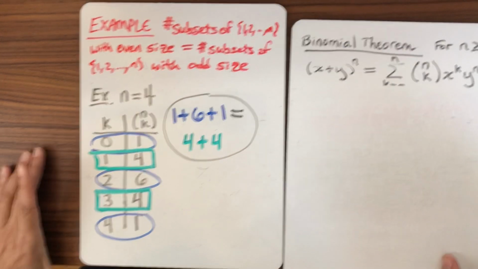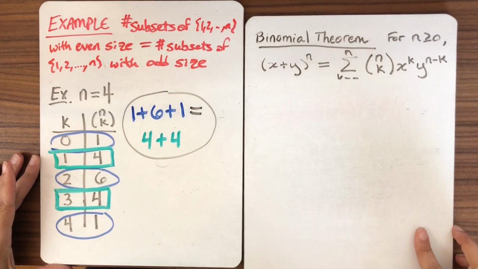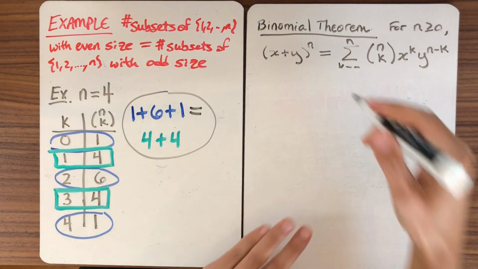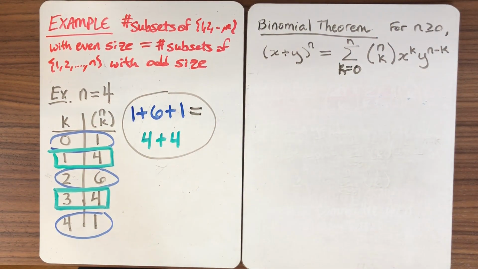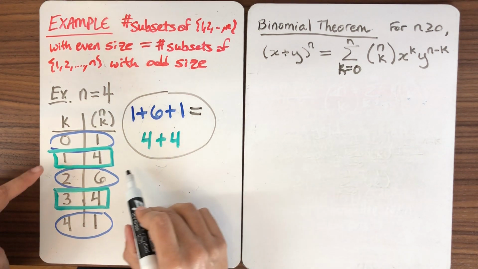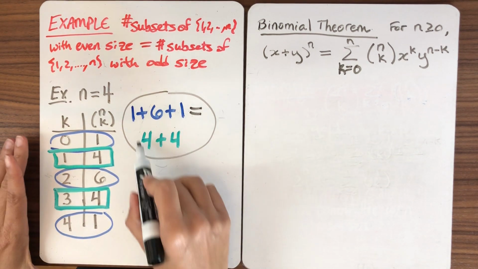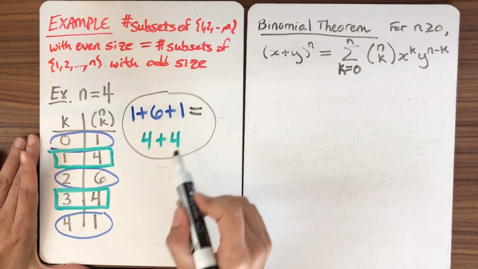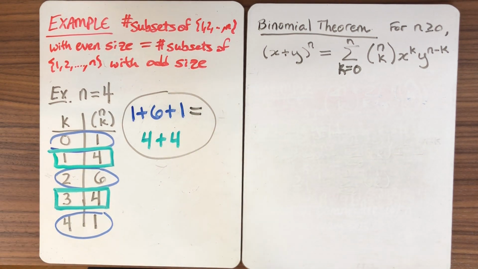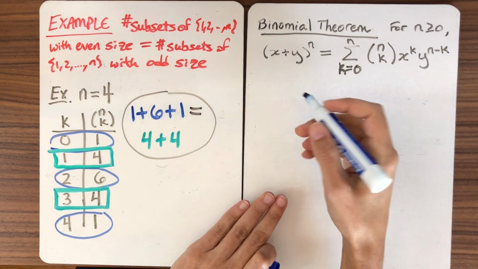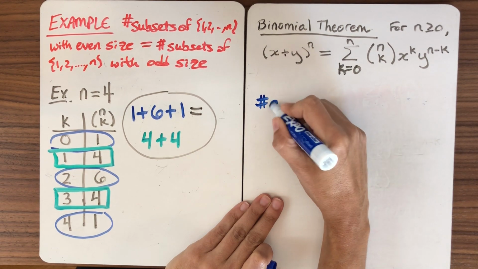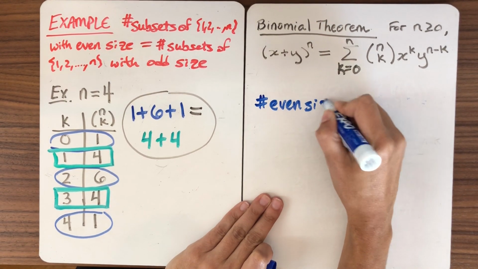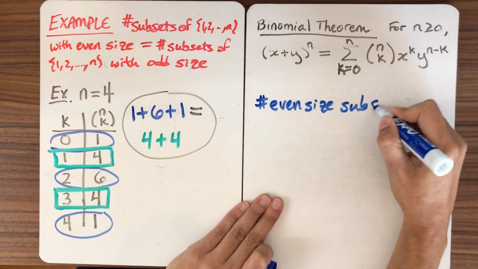So here's our binomial theorem once again. And how can we prove this with the binomial theorem? The thing to figure out is, how are we counting these guys? We're saying that something's equal to something else. Well, that's the same as saying a difference is 0. Another way to see that, just to give you some intuition for how I'm coming up with this, is how would I count the number of even size subsets?